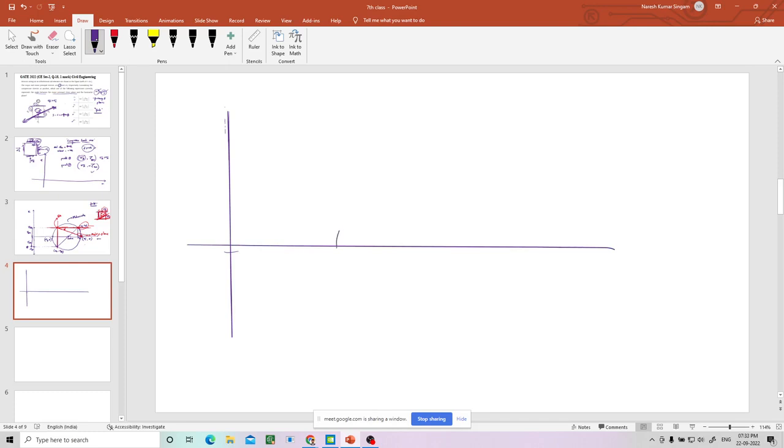First let me draw. So this is the Mohr circle, and somewhere here sigma x comma minus tau zx and sigma z comma tau zx.